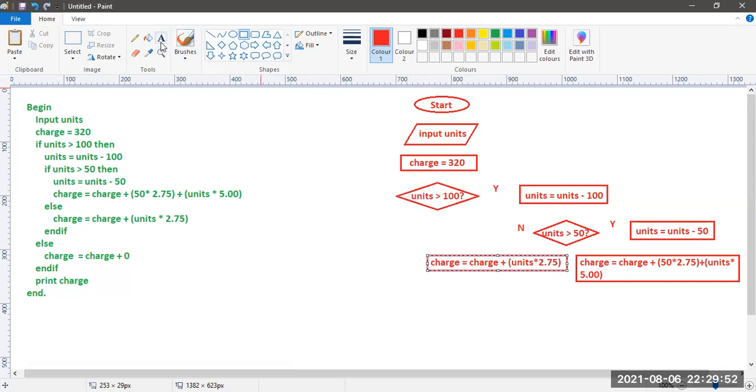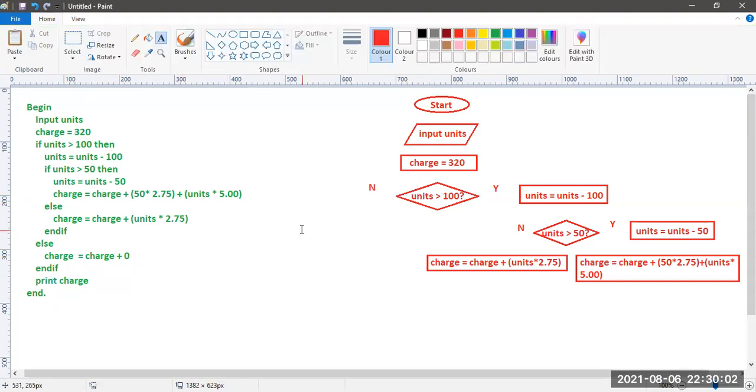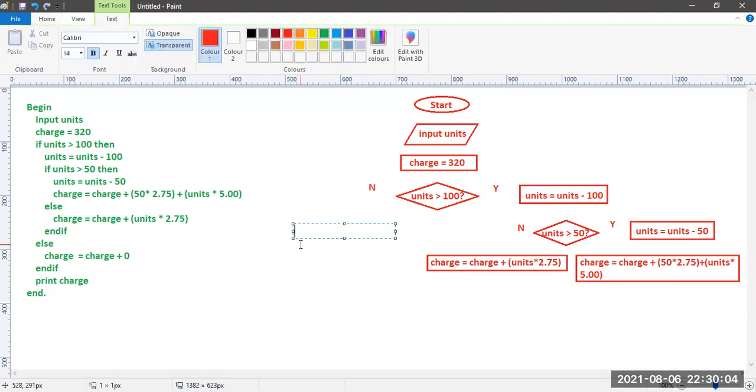That is the no part of this condition. The no part of this condition says charge equals charge plus 0, which is a process again.